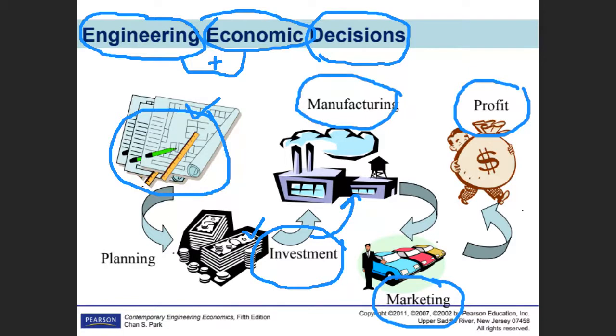And to make these decisions, you need an understanding of certain concepts in engineering economics, certain terminologies, certain techniques, and certain tools you need to learn. That is what we will see in this course. So don't consider this course as theory only.